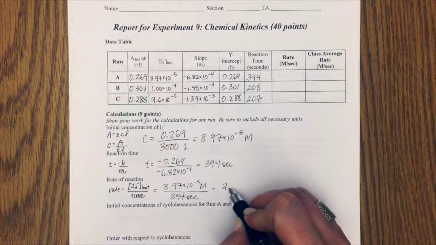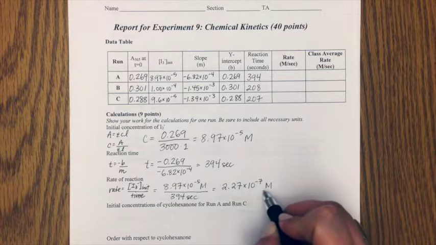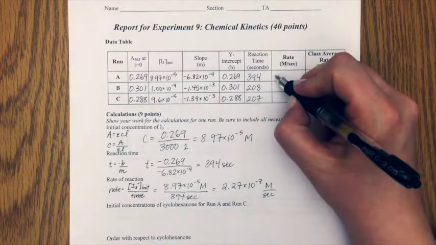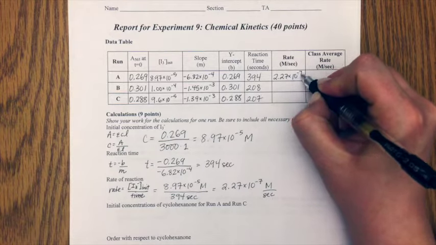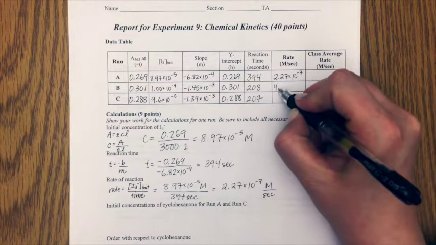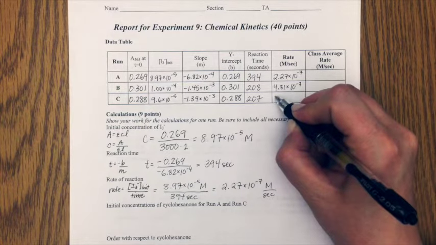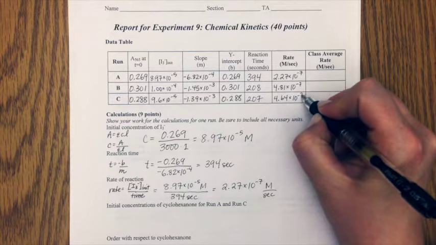And my rate will be 2.27 times 10 to the minus 7 molar per second. So again, I can fill that in up here, and I can do that calculation for each of these runs. I get 4.81 times 10 to the minus 7 and 4.64 times 10 to the minus 7.